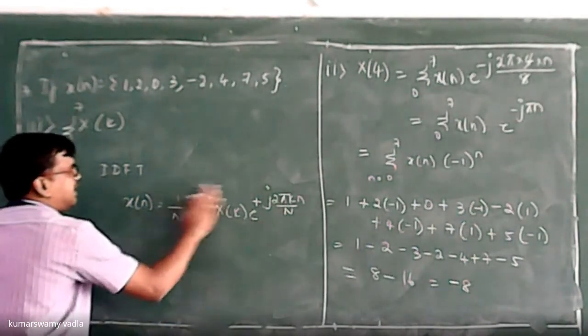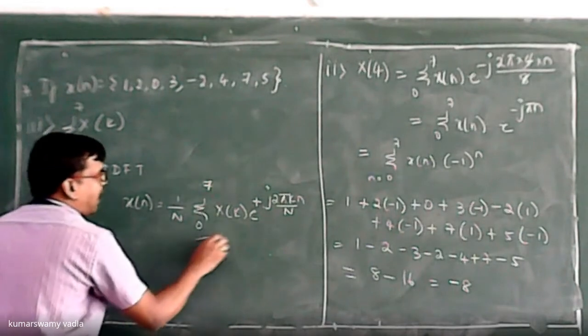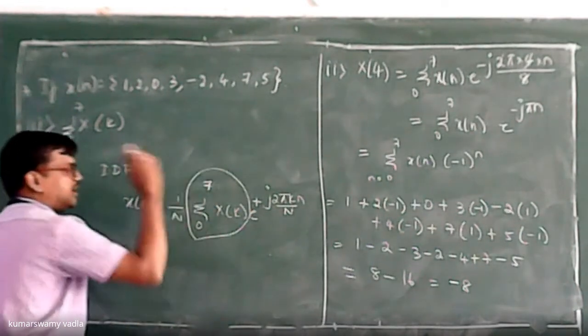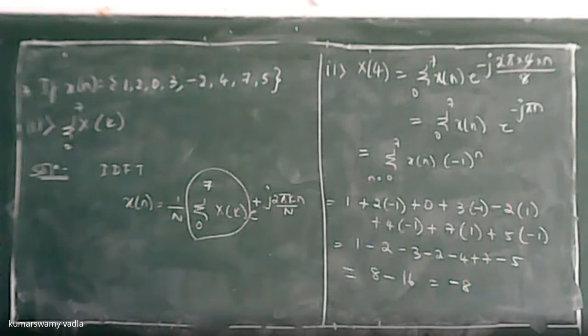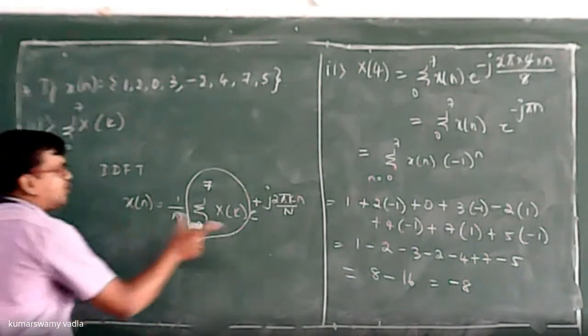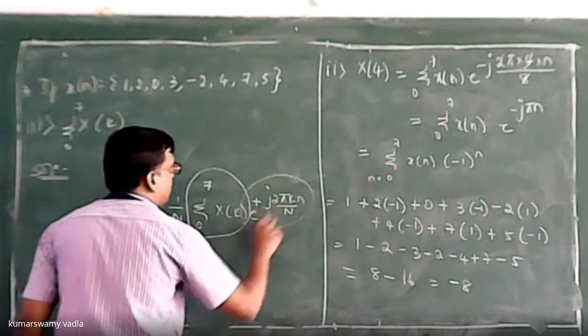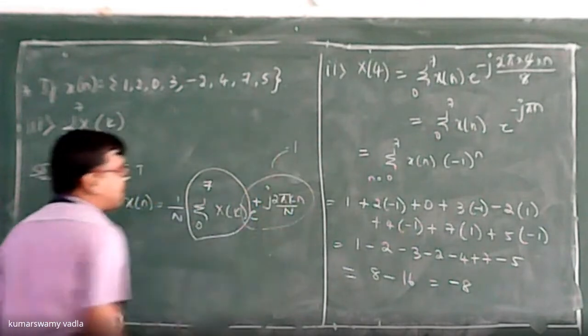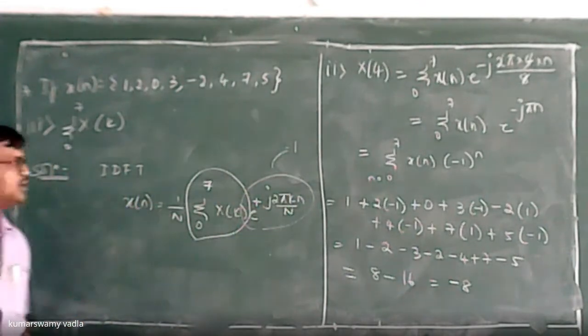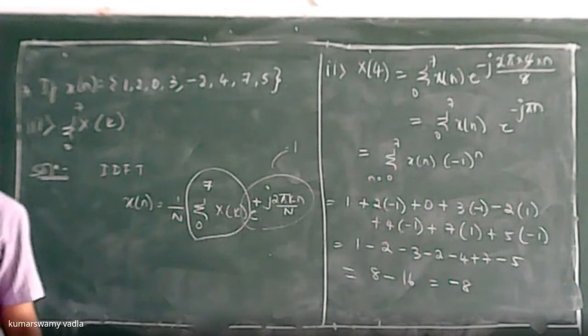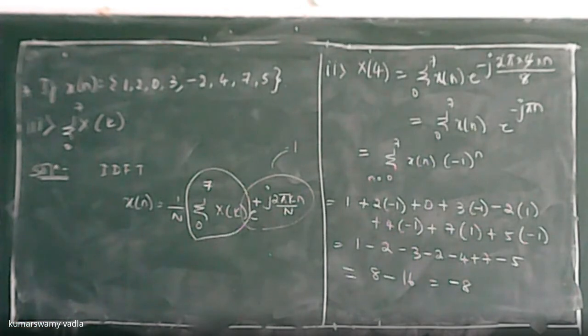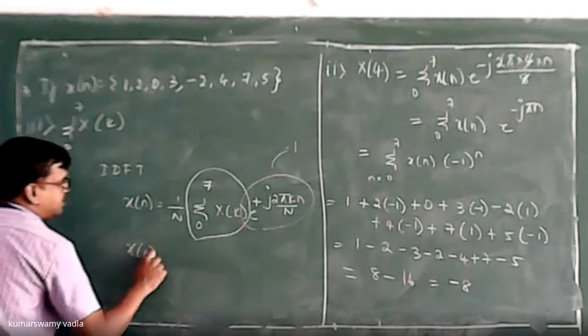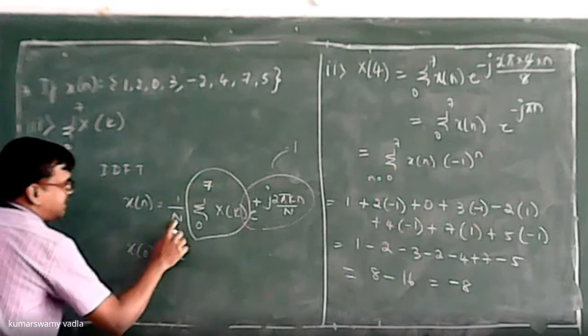If I want to make all this term as 1, what should I do here? N value equal to? Zero, sir. Very good.